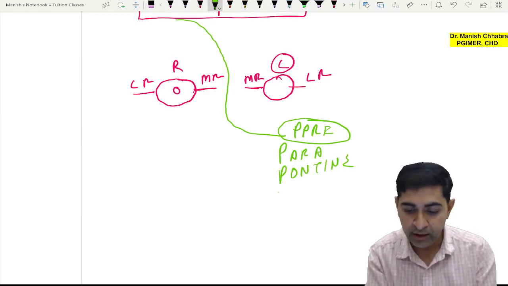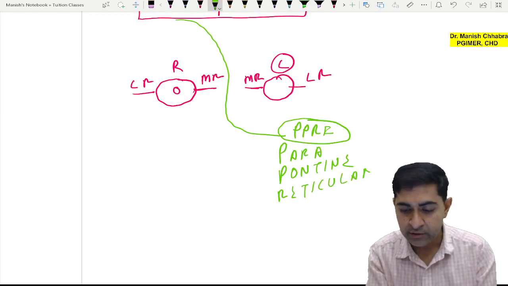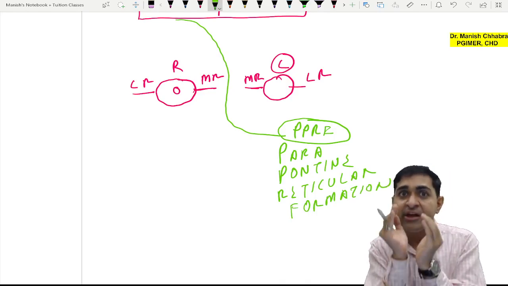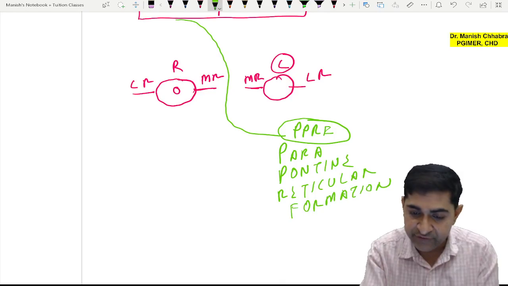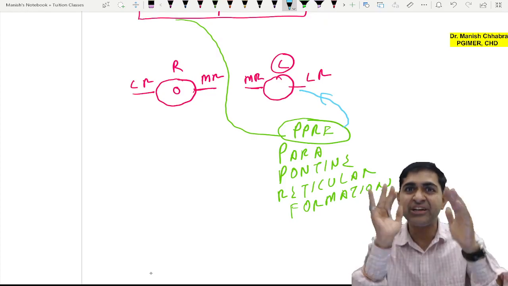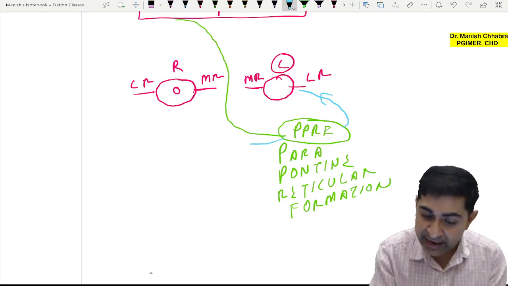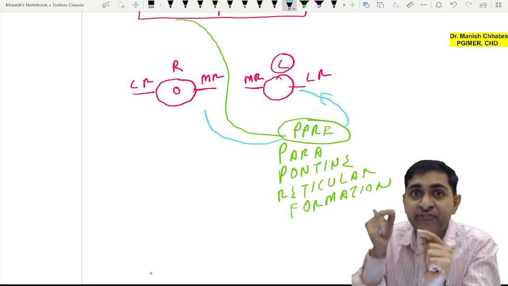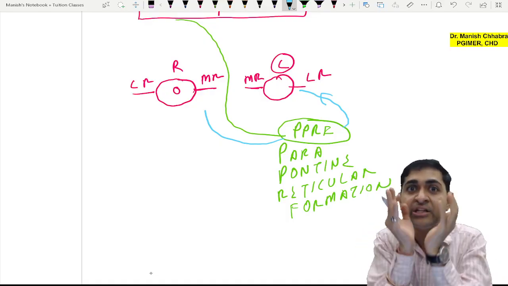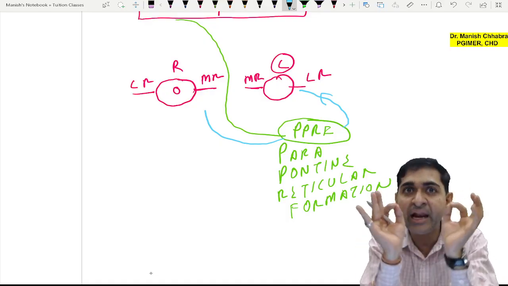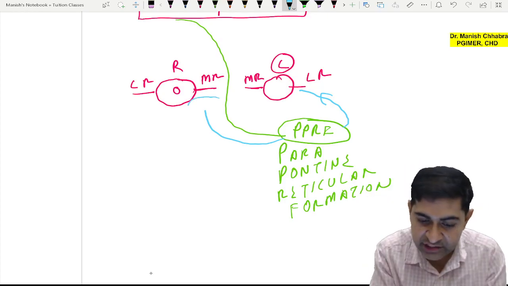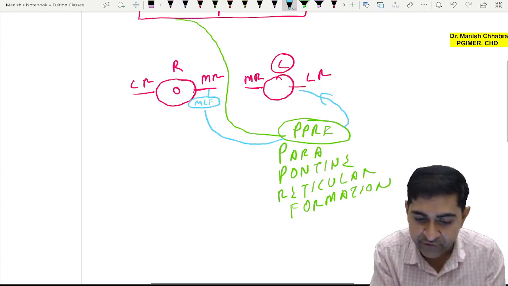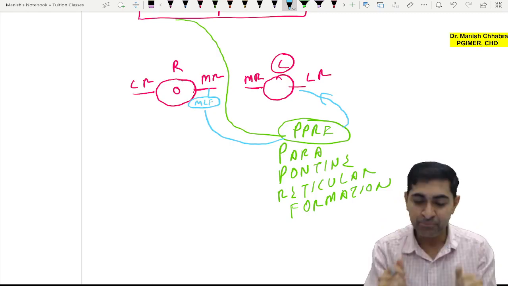Okay, now the fibers which are coming from PPRF, they are going to supply the ipsilateral lateral rectus directly, but they are going to supply the medial rectus of the other side, and before going into the medial rectus, they will pass through the MLF, medial longitudinal fasciculus. Now they are going to reach the medial rectus.